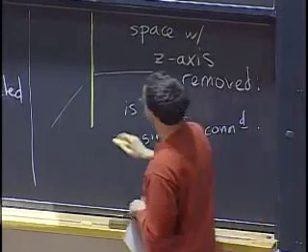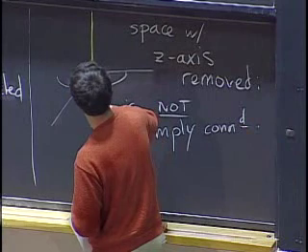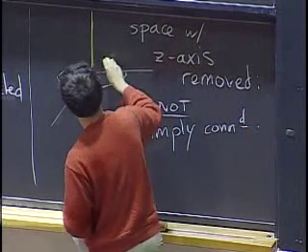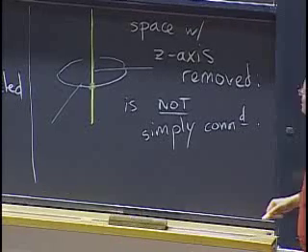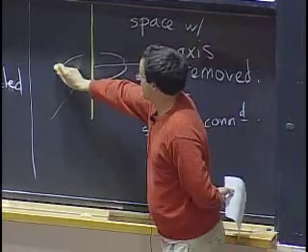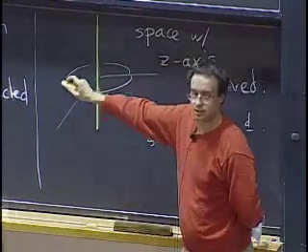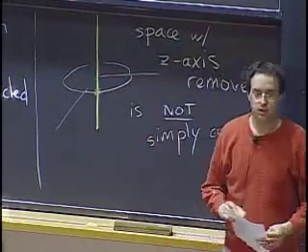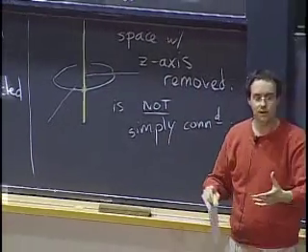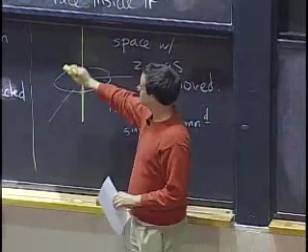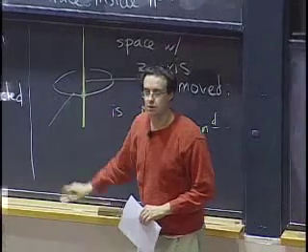And the reason is, if I look again, say, at the unit circle in the xy plane, if I try to find a surface whose boundary is this disk, well, it has to actually cross the z-axis somewhere.